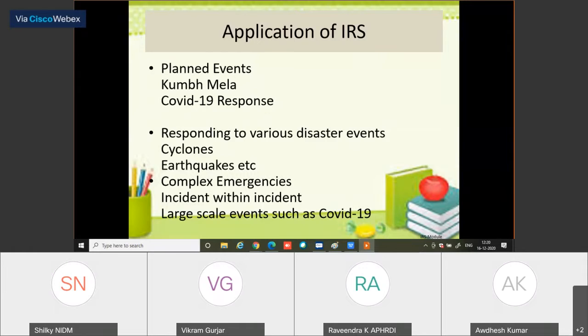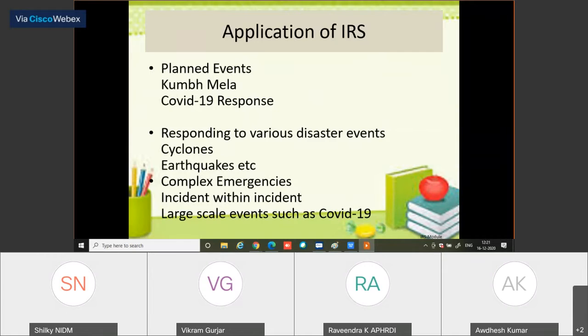But there may be cases when we have a shortage of officers and we need to do multitasking, which is very well permissible in IRS. But there are certain principles or rules which are required to be followed.